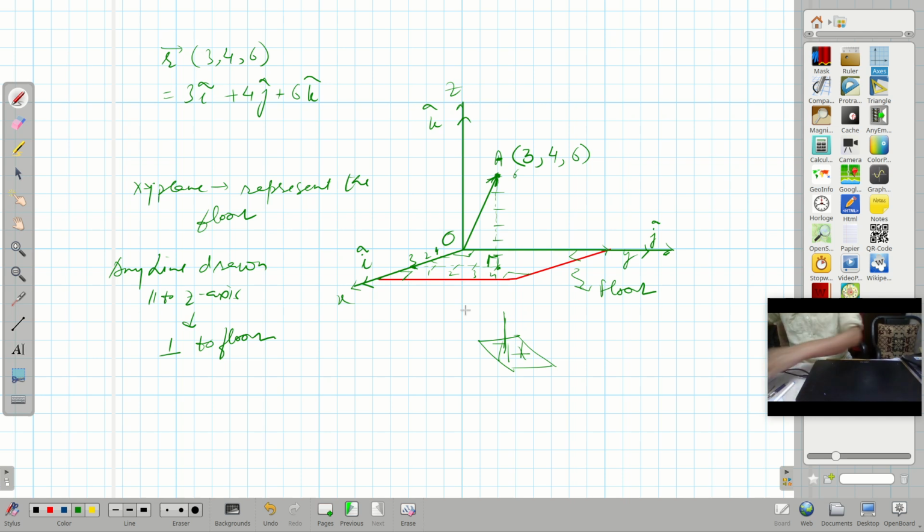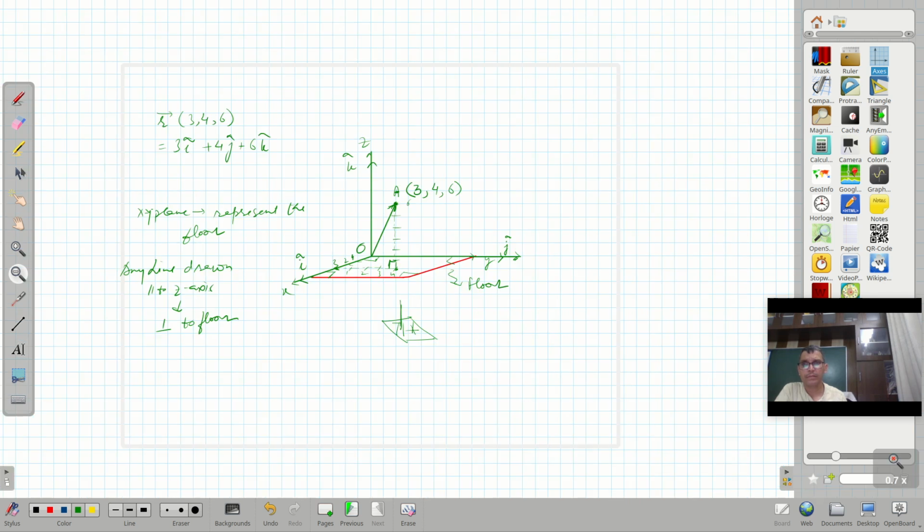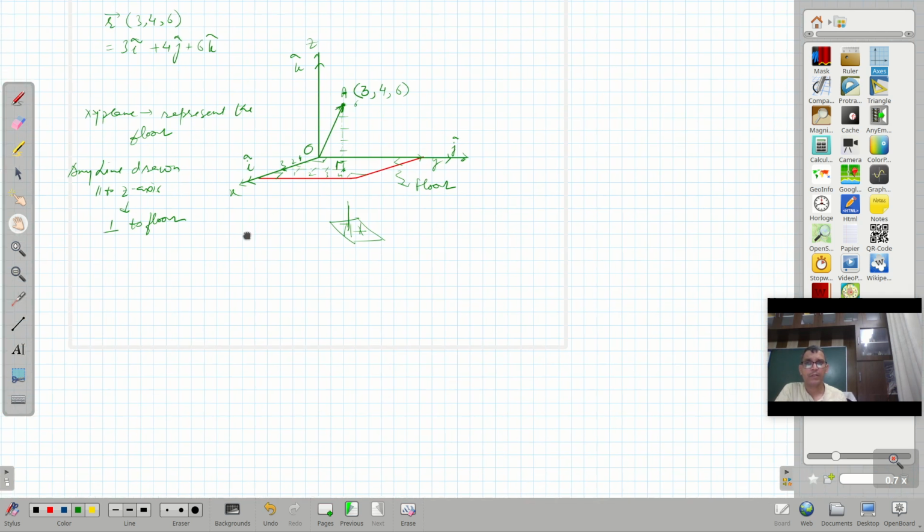We have to see it in a slightly different manner, so that things will not confuse me. So for that, let us redraw the axes again.